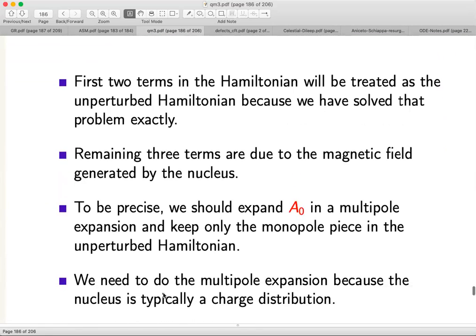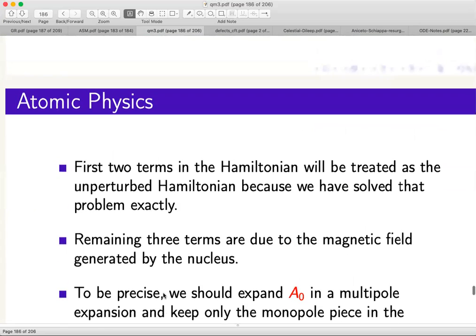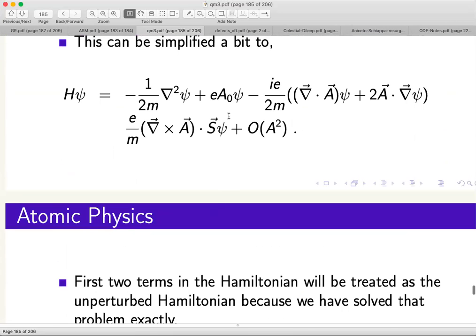Now there is of course one small thing that one needs to worry about, which we are not actually going to worry about, and I'll explain why. We write down A naught as a Coulomb potential generated by a point charge, maybe Z times e or some such thing, a Coulomb potential generated by a monopole charge.